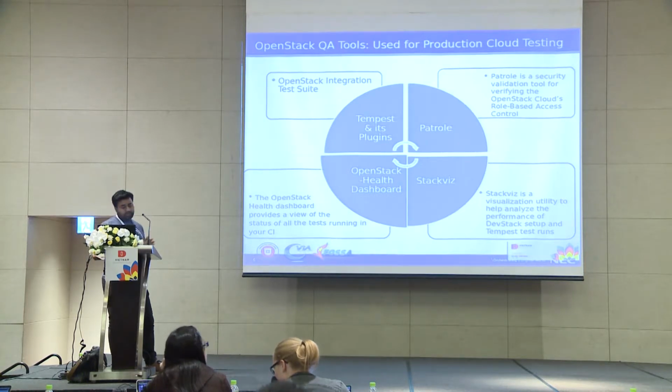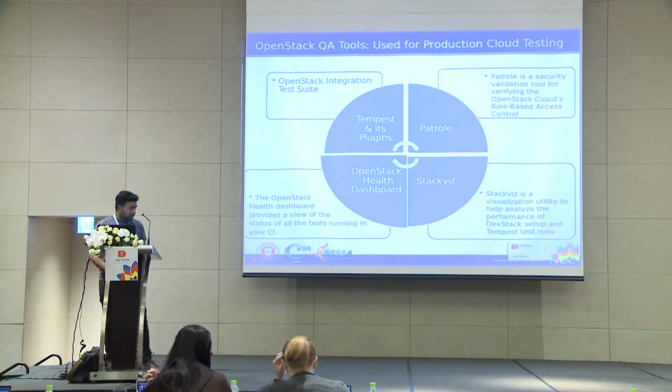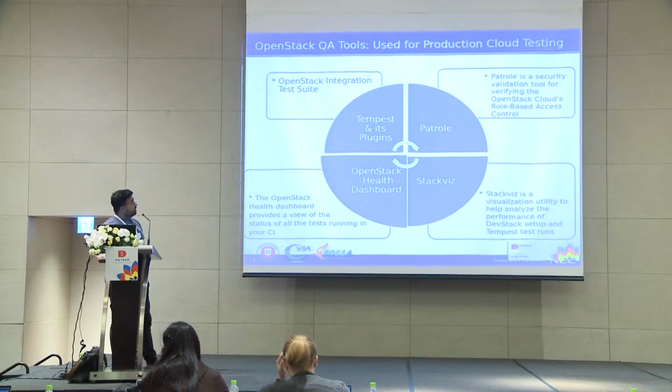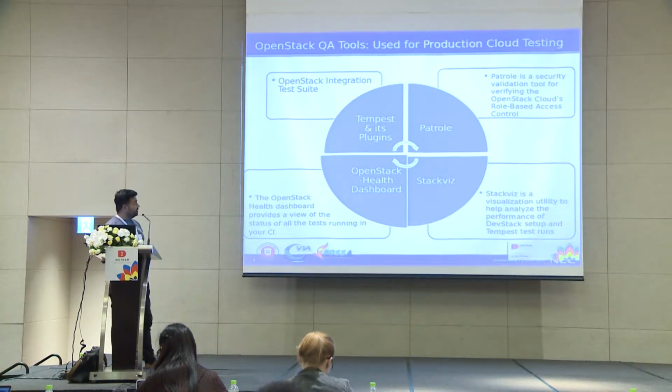Tempest is the OpenStack integration test suite, so it has the set of tests and the framework to define Tempest-type tests. Then on the Patrole side, RBAC testing, the security validation tool, because each OpenStack service's APIs are controlled by RBAC policy files. Whether they are working fine in your cloud or not, you can test via Patrole.